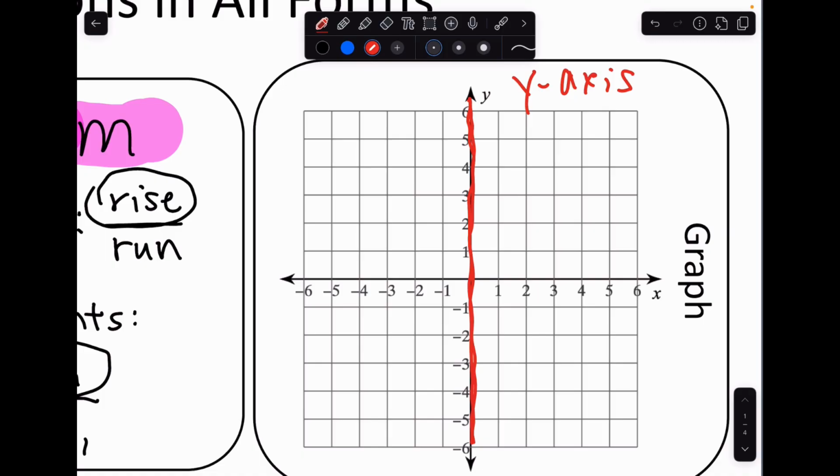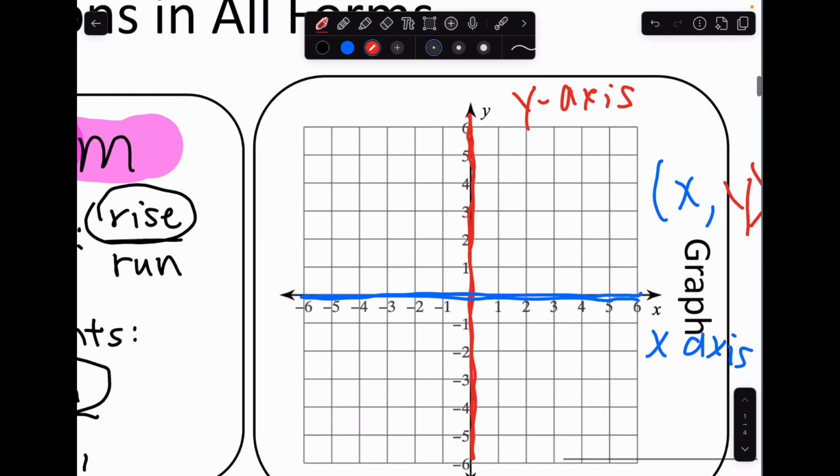So that's how we always get that point. But don't forget, we also have our x-axis. And when we're plotting points, remember, we always plot our x's first and then our y's. Okay? X's and then y's. So we have to go over before we go up.